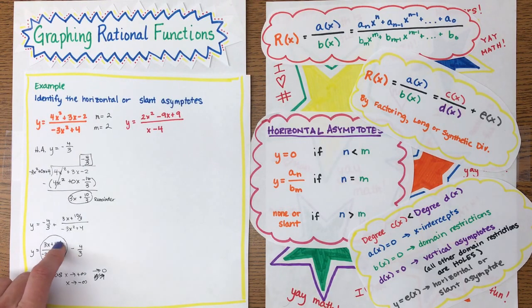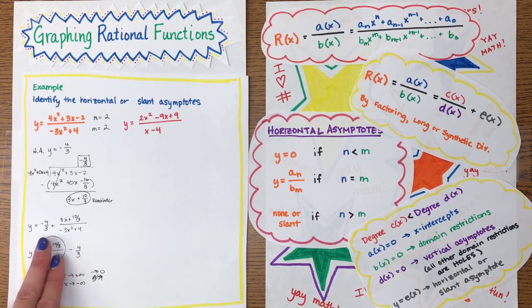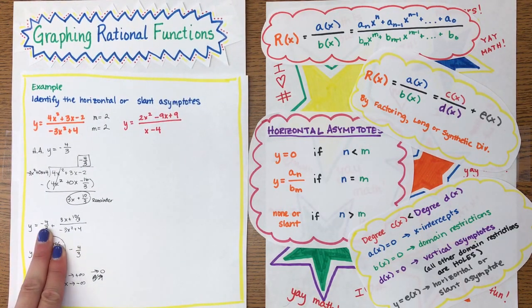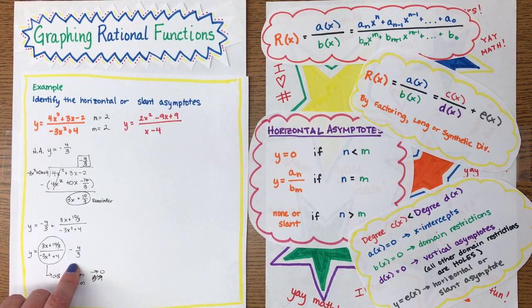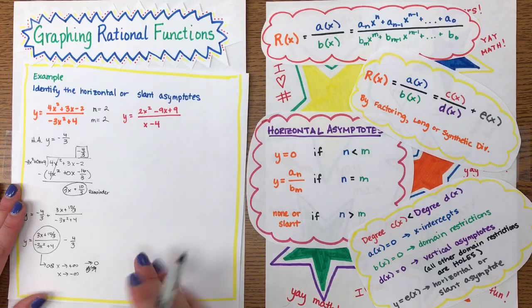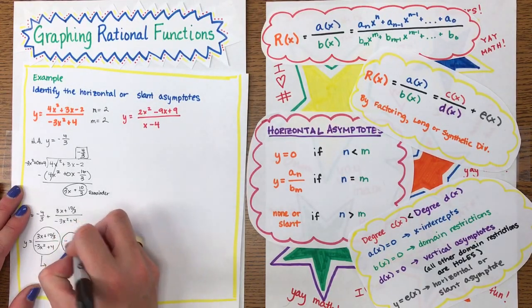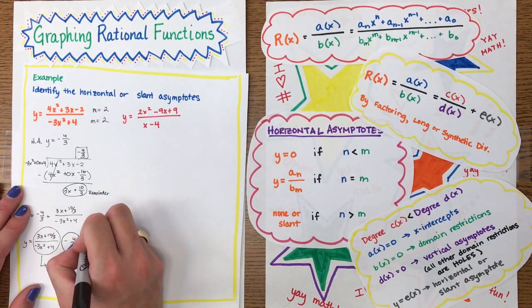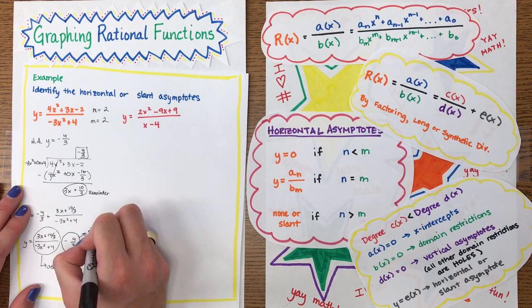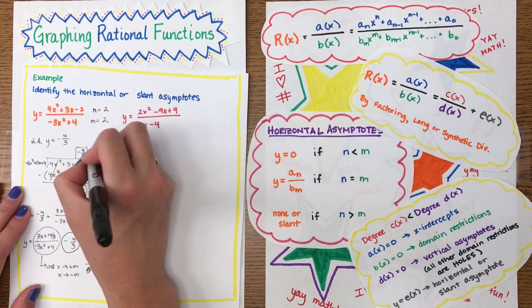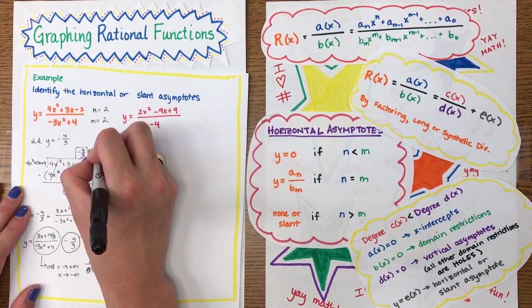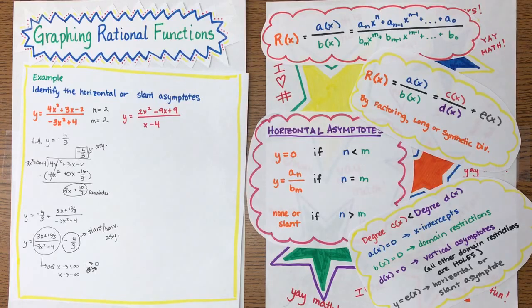So when the degree of the numerator is less than the degree of the denominator, this approaches 0. So when this approaches 0, y is going to approach negative 4/3. So this becomes my horizontal asymptote. Okay, so this piece here becomes my asymptote. Whatever I end up getting there is going to be my asymptote.